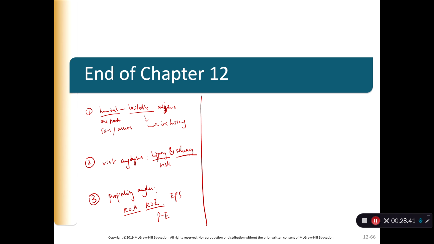Per $1 of common stockholders' investment in the company, how much return it brings. This is the most important financial ratio indicating the company's performance in the current year. And the PE ratio reflects the market expectation of the company, right? It's either a growth or a value company.